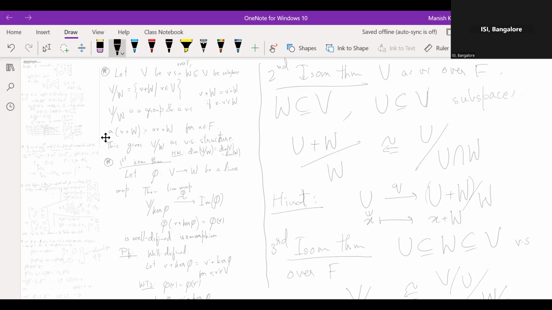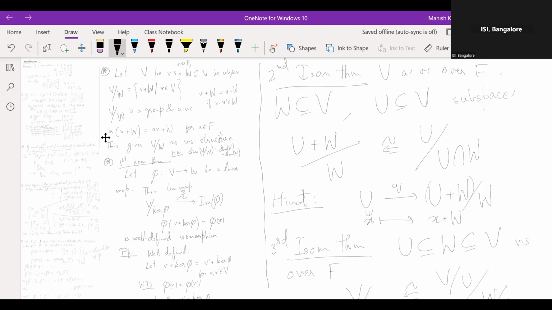So that will prove that this is isomorphic. Here the dimension count is not going to help you because you don't know what U plus W looks like, meaning it's not an internal direct sum. So calculating dimensions is not so simple in this case.